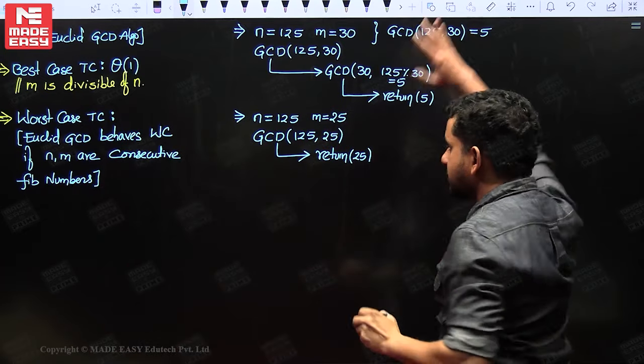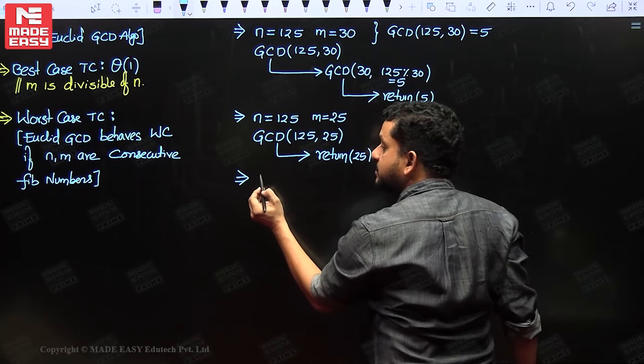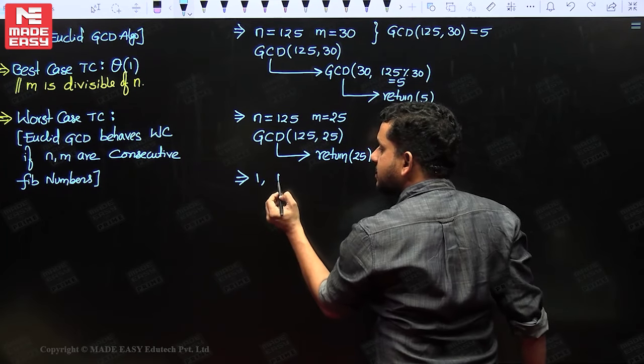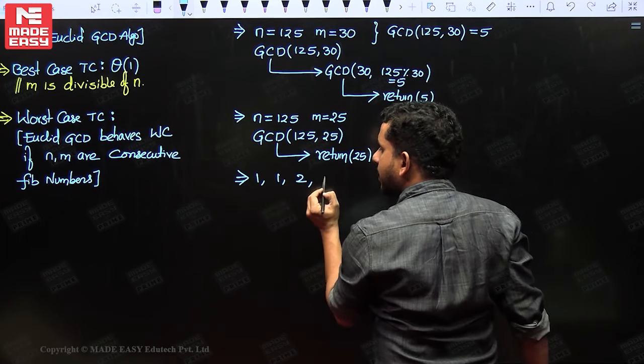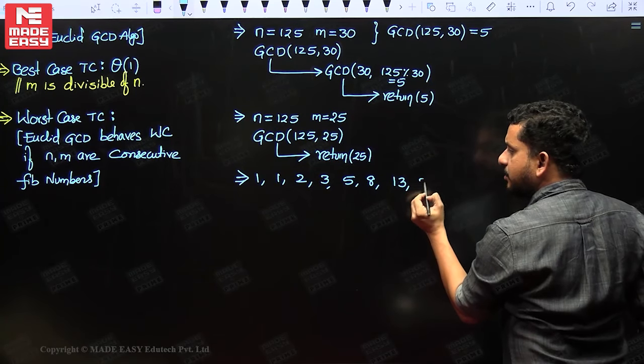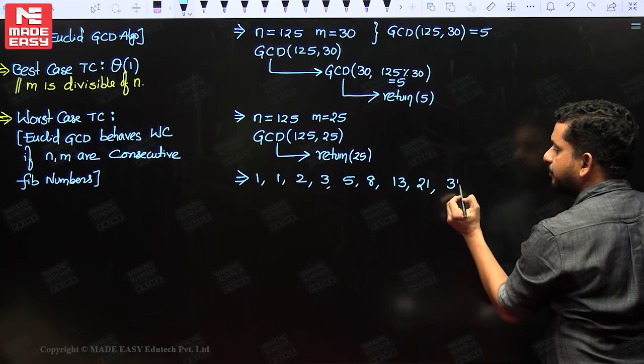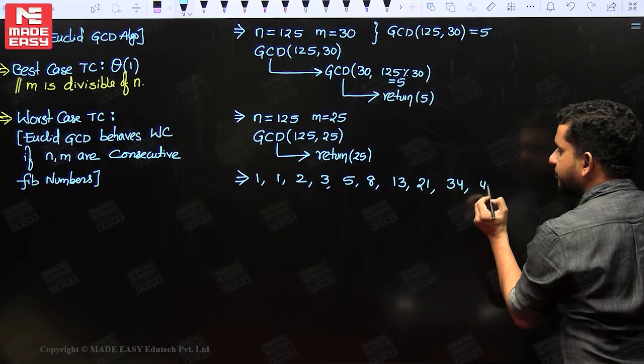We'll come back to this analysis. So let's consider some Fibonacci terms. The Fibonacci series is 1, 1, 2, 3, 5, 8, 13, 21, 34 and 45.